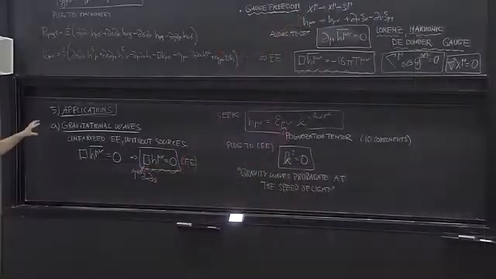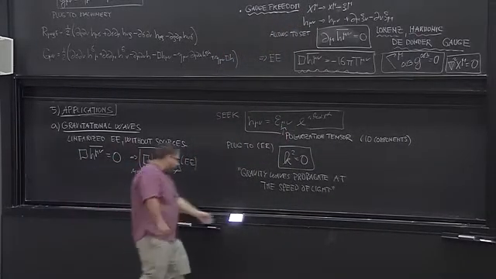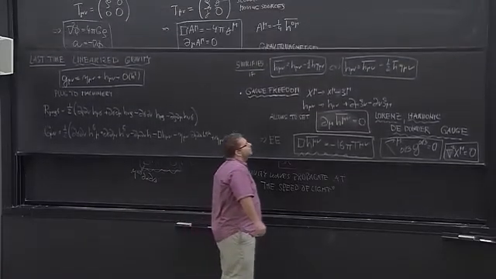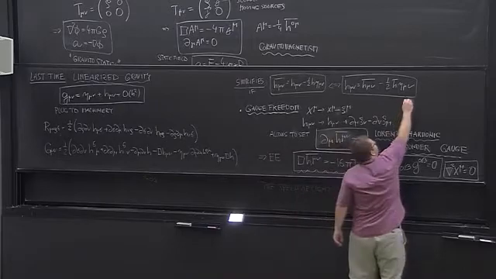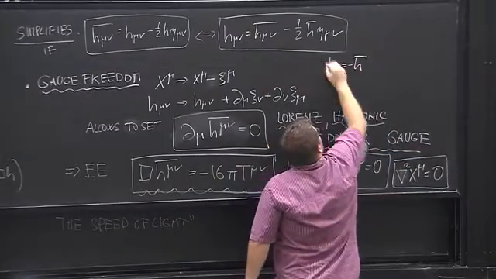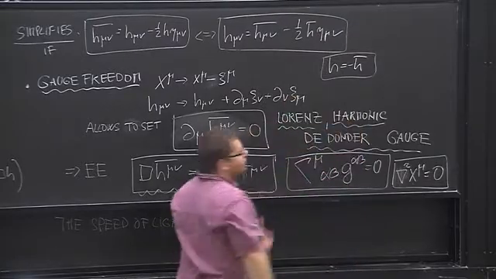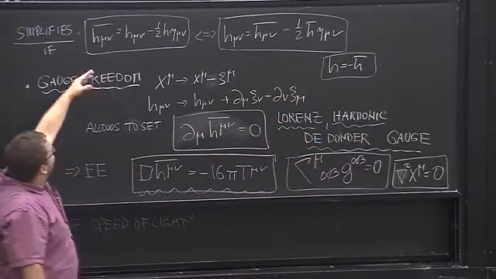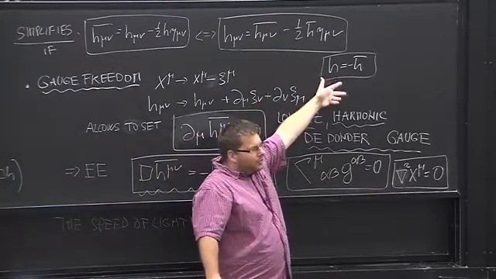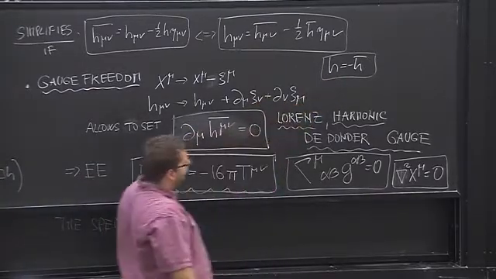Because if you look at how you define h mu nu and h mu nu bar, if you take the trace of h mu nu, you get h. But if you trace the other one, you get minus h. So this is the reverse trace gauge or something like that.